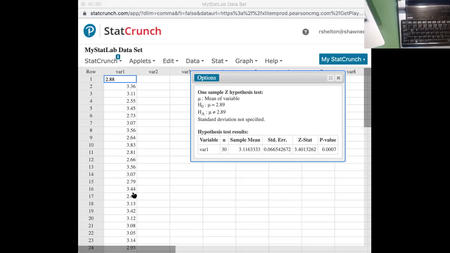Now, you go collect a sample and you determine the z-score from your sample. That's your test statistic. And there's a probability associated with that, right? The probability of getting the value you got for your sample or more extreme than that.